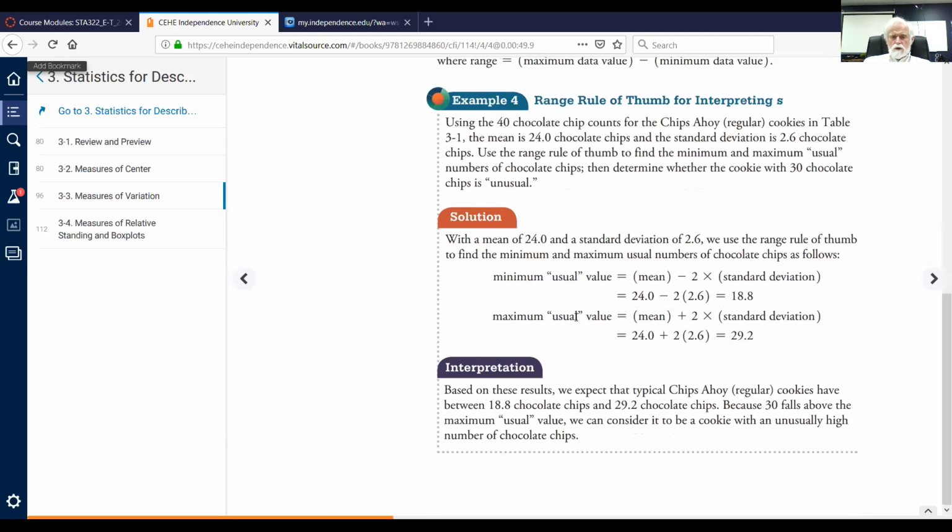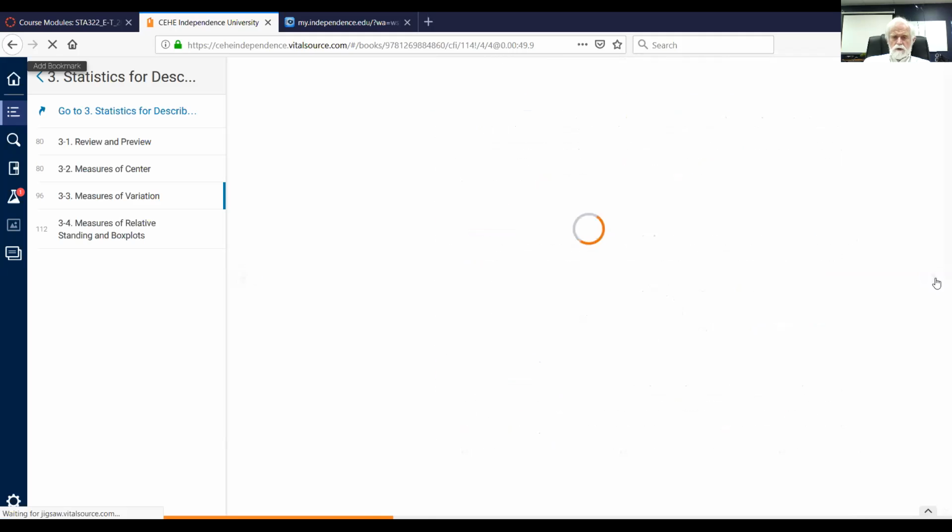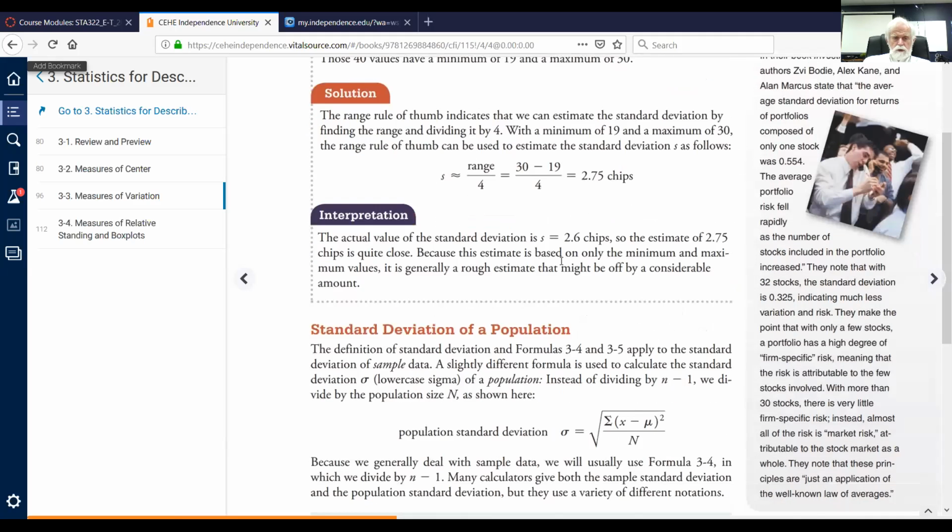And the maximum usual value, and again, these are approximations, is the mean plus 5.2, and we get 29.2. Well, 30 is above that, so we can consider that to be an unusually high number. 19 is higher than this minimum value, so we can consider that a normal range. So we have one value that appears, by this rule of thumb method, just sort of an inspection here, to be outside the range.